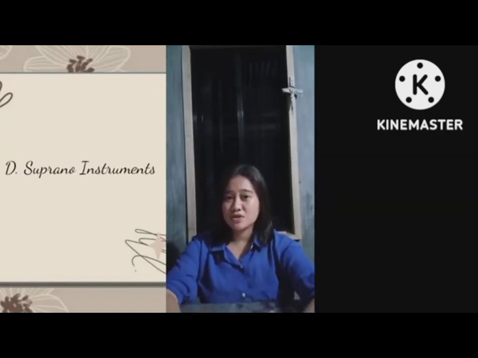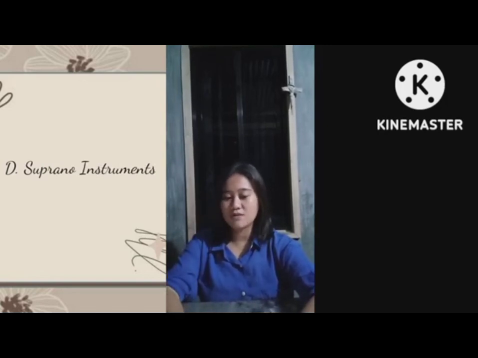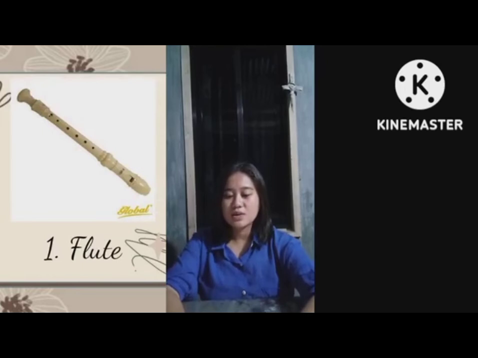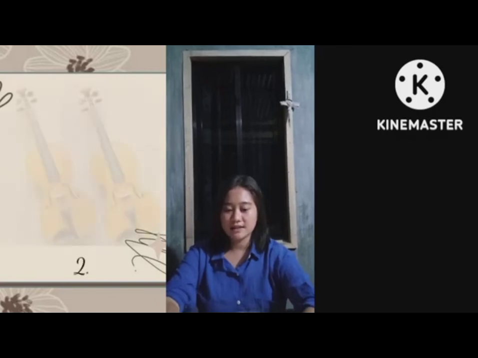In soprano instruments, there are 7 instruments that belong. First, we have flute. It is a wind instrument that produces sound through the flow of air from the hole, and has an elaborate set of keys. Second, we have violin.